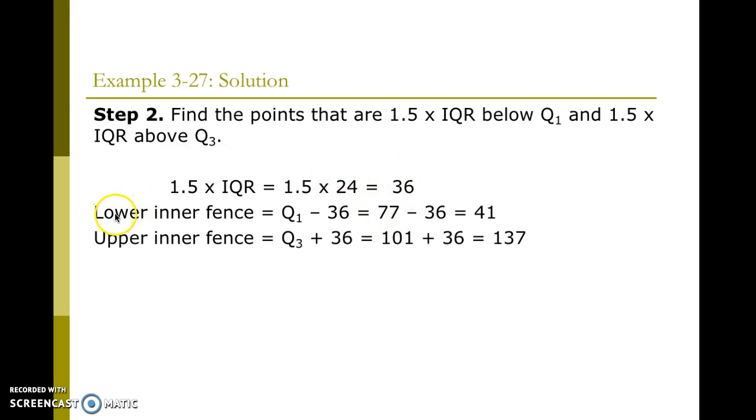To find the lower inner fence, or that low threshold that we're going to use potentially for the whiskers, we do the first quartile minus this 36, and we get 41. We take the third quartile and add 36 to it to go above that third quartile, and we get 137.